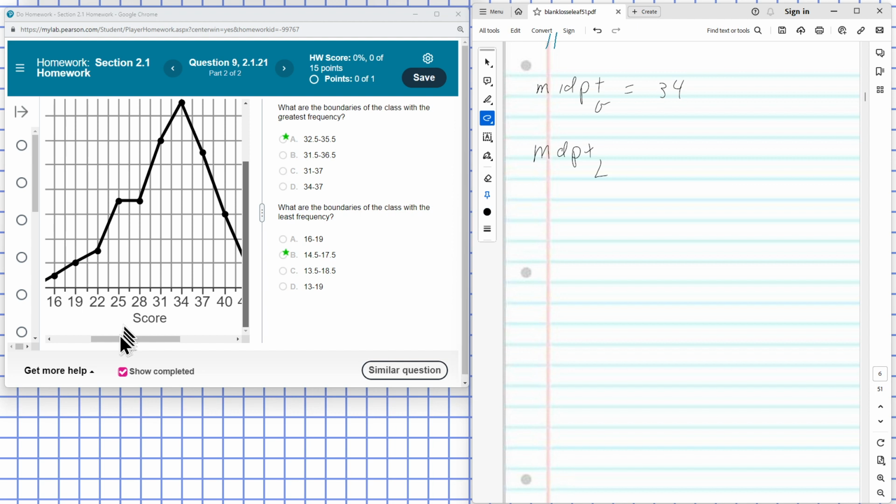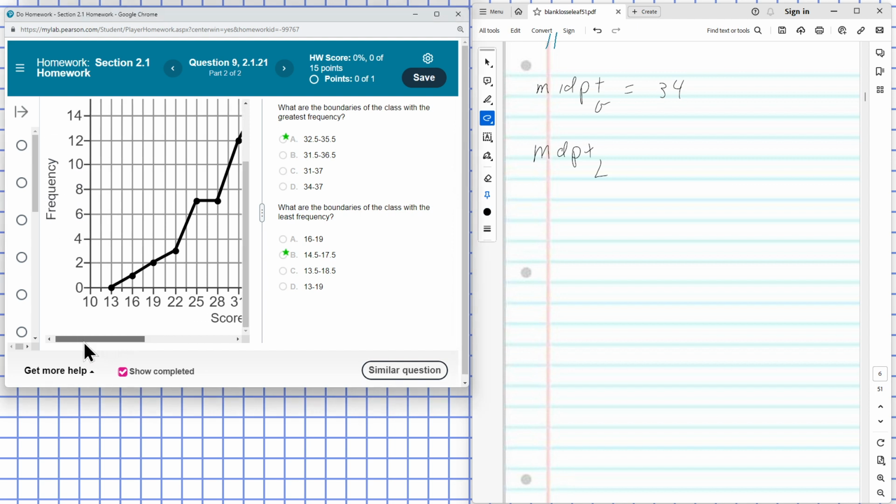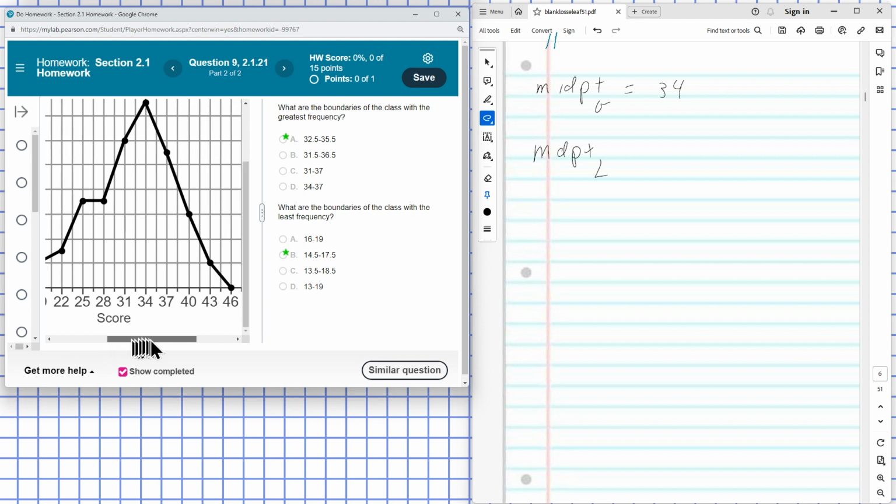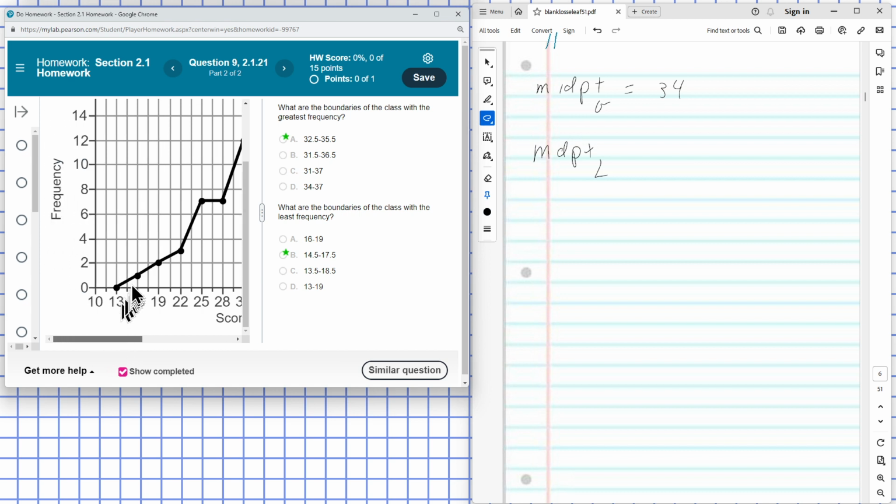And for the least one, you see there, that's the midpoint here. And for the data element, is it the least one? Yeah. Here is 2.